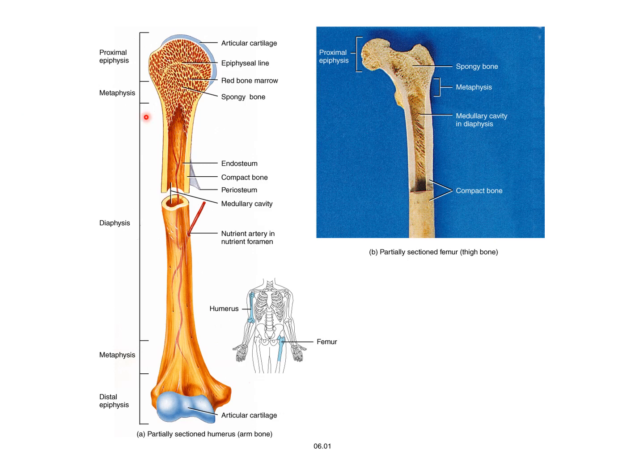So here spaces are present in the spongy bone or the epiphyseal bone, but on the cortex side, in the diaphysis, there are no spaces between fibers. It is compact bone, but there is a large cavity in the diaphysis.